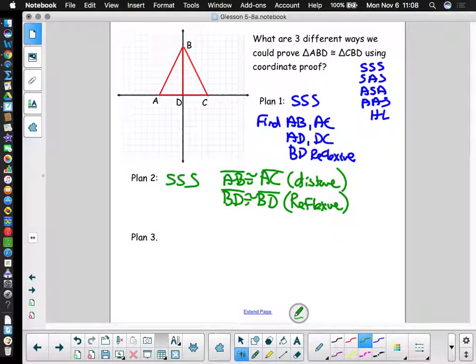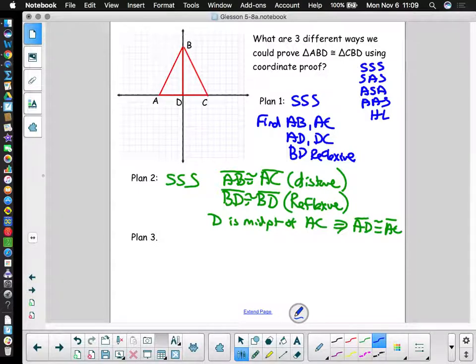But I could show that D is the midpoint of AC. And if I show D as the midpoint of AC using midpoint formula, that implies by definition of midpoint that AD is congruent to DC. So we get side, side, side again, but by a slightly different technique. Instead of having to find the actual distance for AD and DC, we could use the midpoint formula and then use the definition of midpoint to make our conclusion.